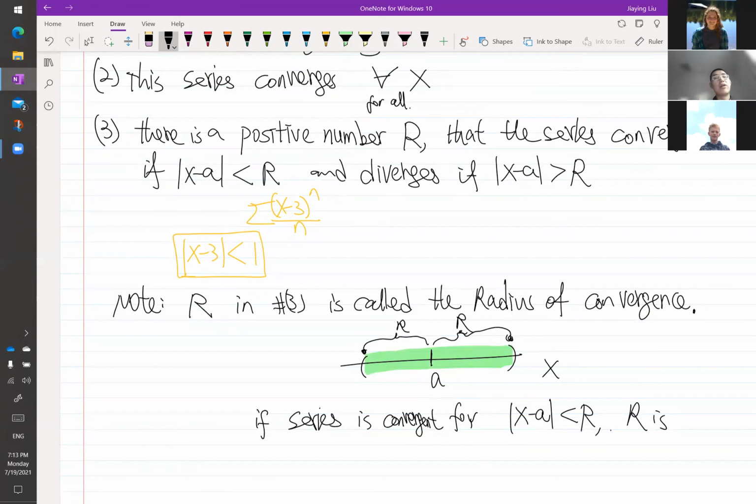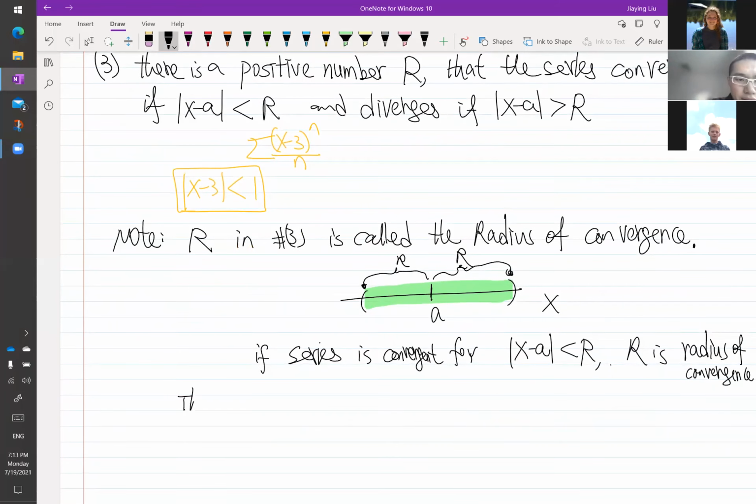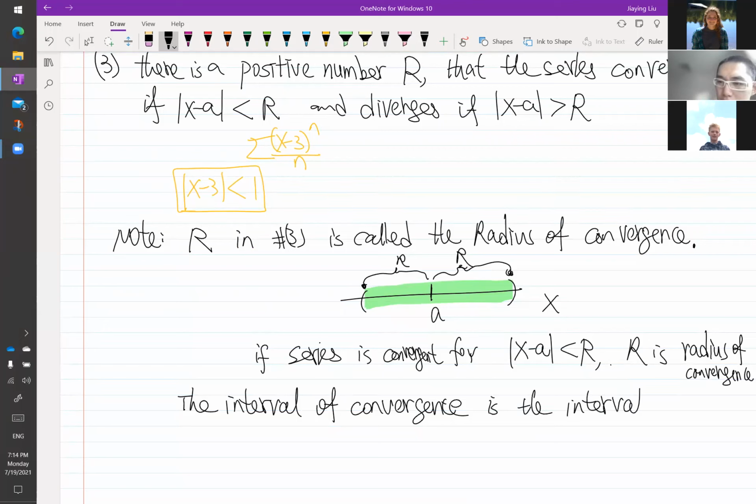It just basically means how far away from a the series is going to be convergent. The interval of convergence is the interval of x values for which the series is convergent.